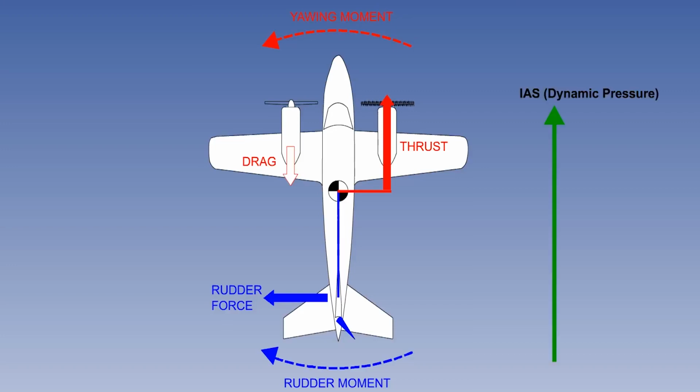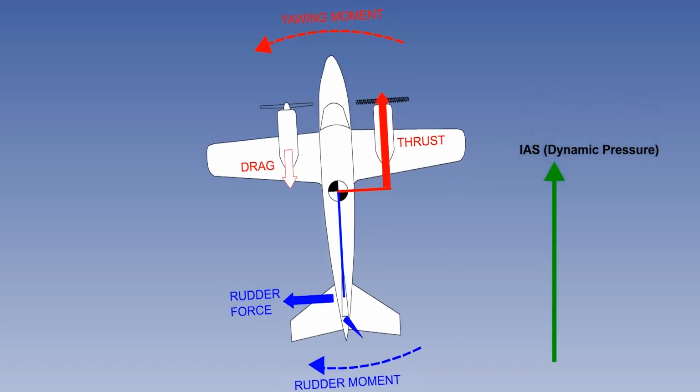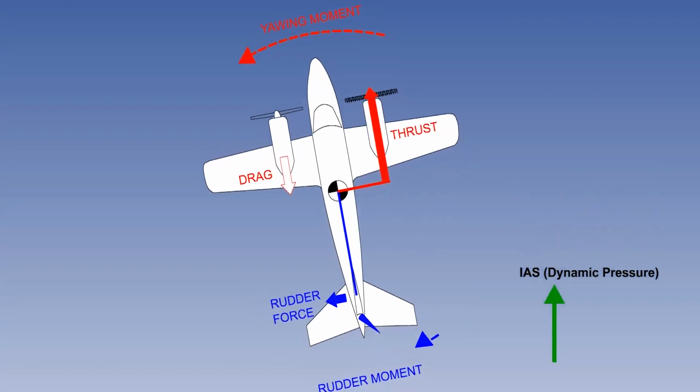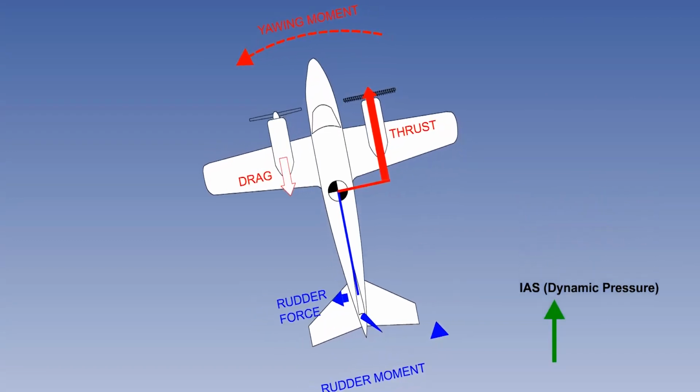If the IAS, the dynamic pressure, is just sufficient to produce enough rudder moment to counter the yawing moment, there will be no yaw. However, any decrease in the IAS will reduce the rudder force, and the aircraft will yaw uncontrollably towards the dead engine.